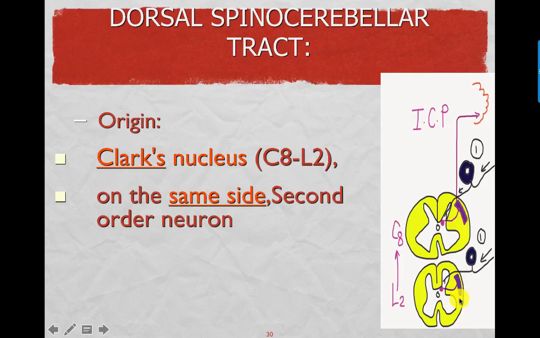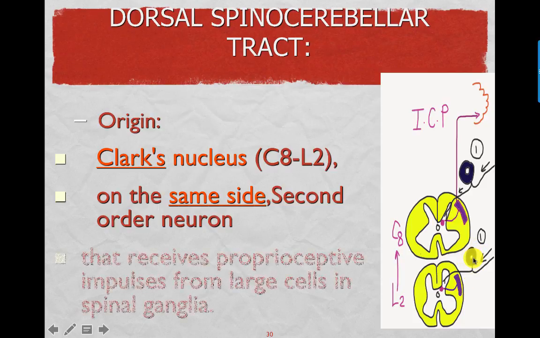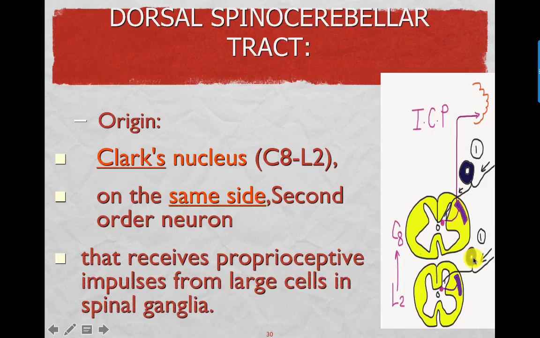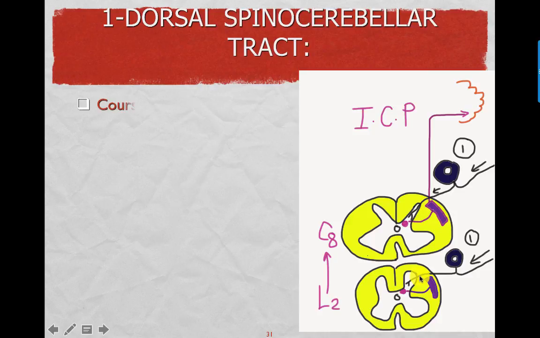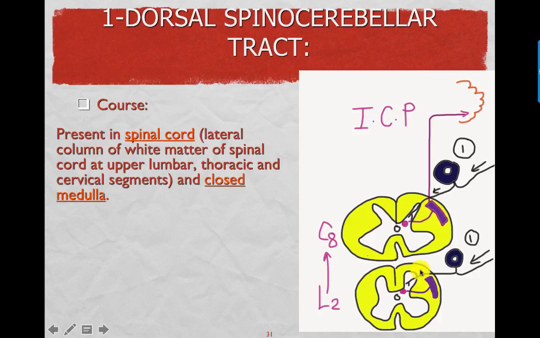And take care that it is a second order neuron, because the first order neuron is the larger cells in the dorsal root ganglia. Then this SPI carries the impulses to the cerebellum, which is the final destination, through the inferior cerebellar peduncle.